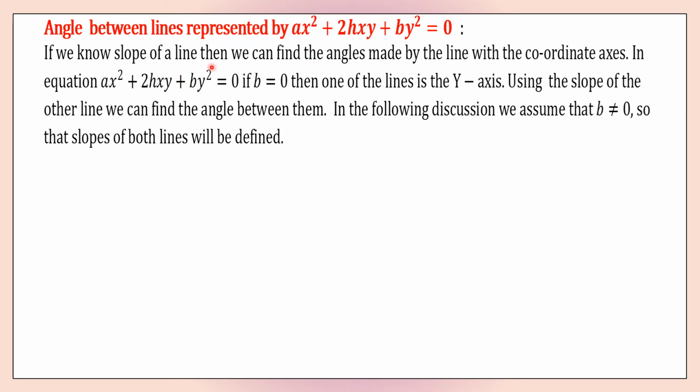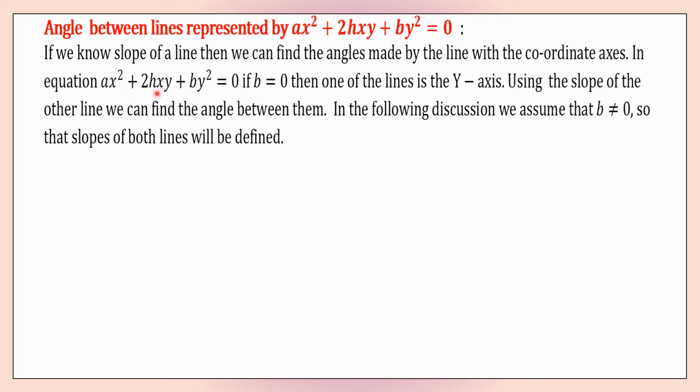If we know the slope of a line, then we can find the angle made by the line with the coordinate axis. In the equation ax² + 2hxy + by² = 0, suppose b = 0, then this term is 0. Then ax² + 2hxy = 0.